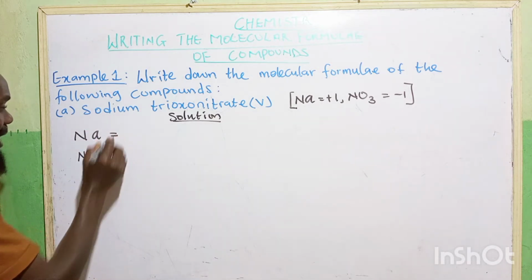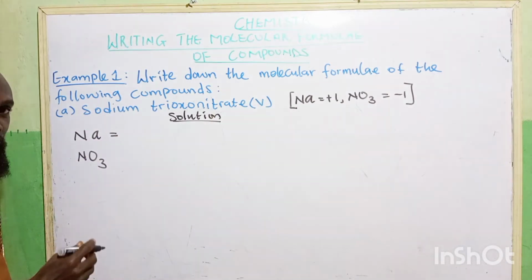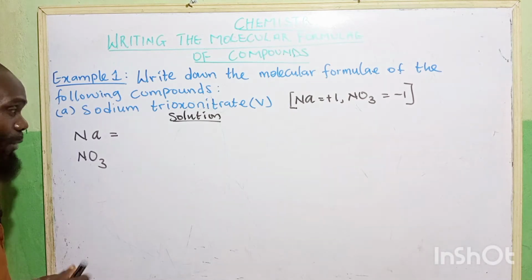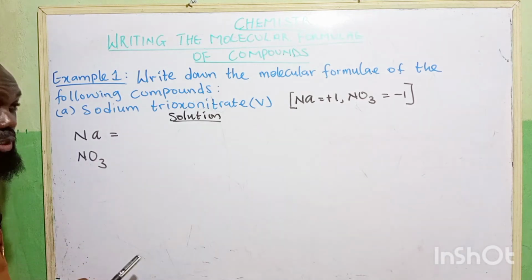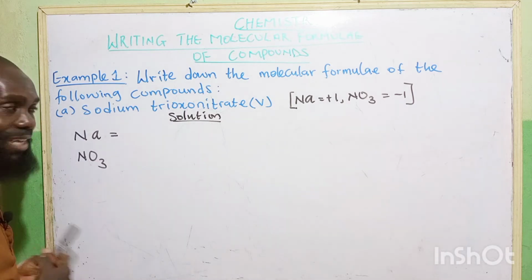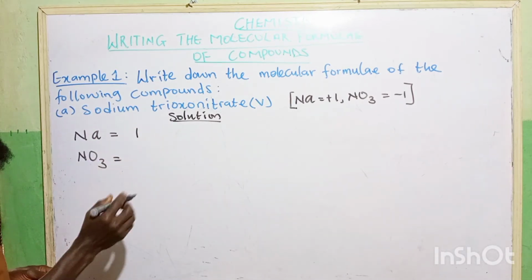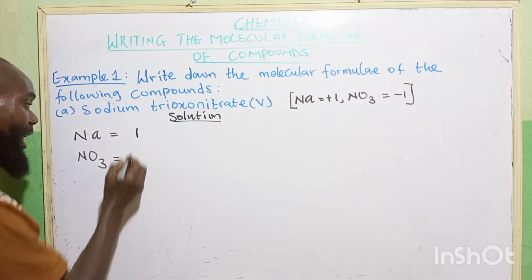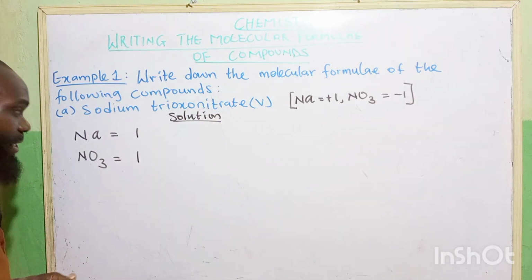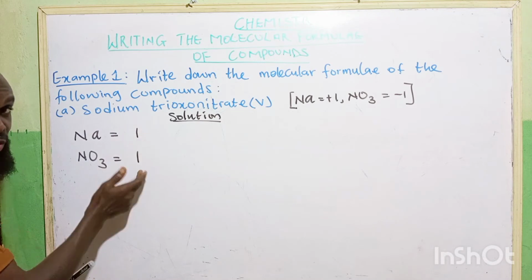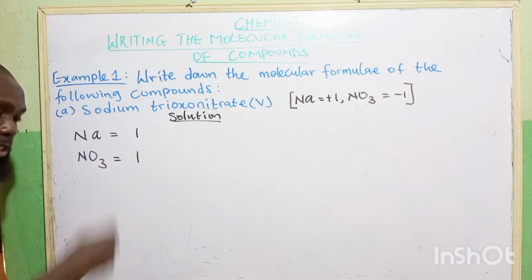So the valency of sodium here is +1. And don't forget, we said that we are going to make sure the positive one, that we don't need a sign that is there. So the whole number, we have 1 here. Then trioxonitrate 5, we also have -1, we write 1. So after this, since this is their valency, their charge, we cross multiply.